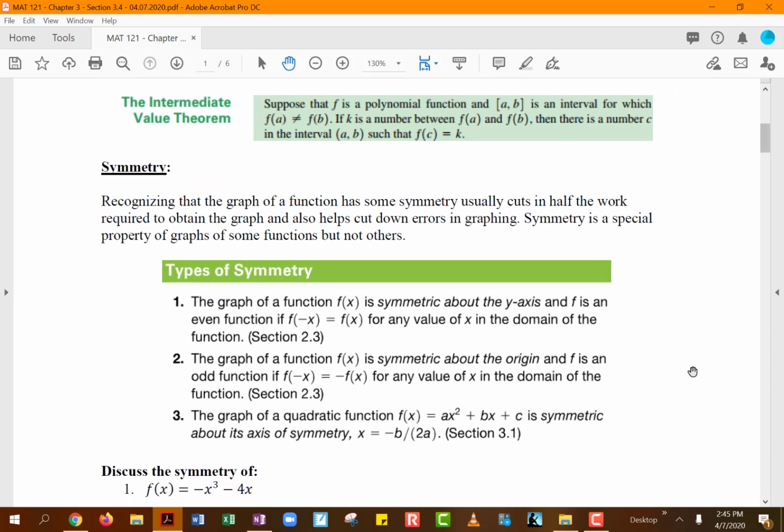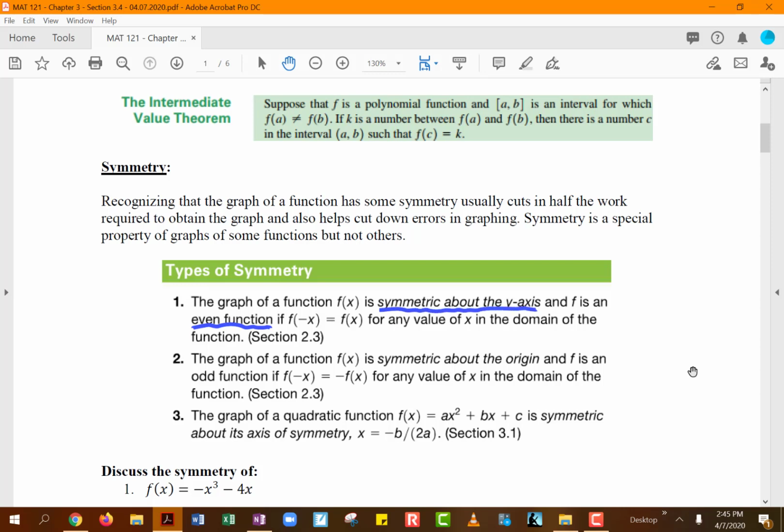So let's talk about the symmetry for these functions. Remember, in chapter 2, we had talked about odd and even functions and the kind of symmetry they had. If you're talking about an even function, then we know they are going to be symmetric about the y-axis.